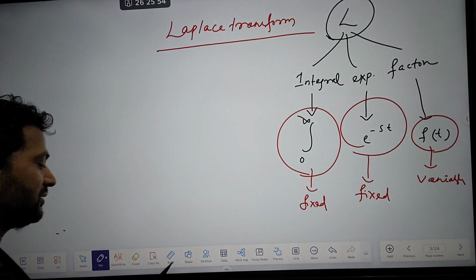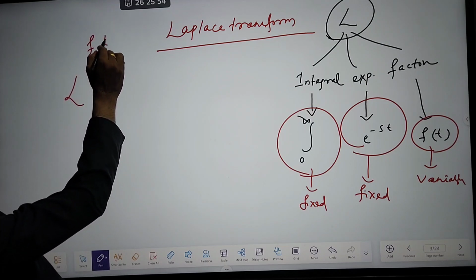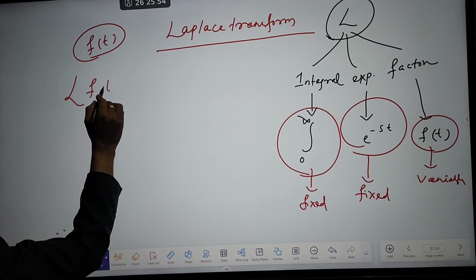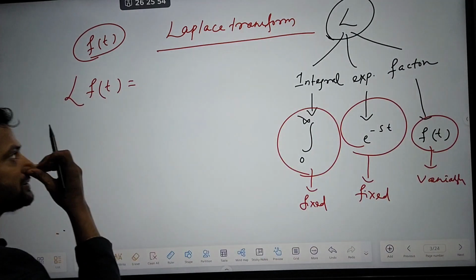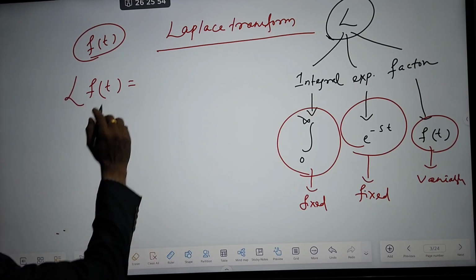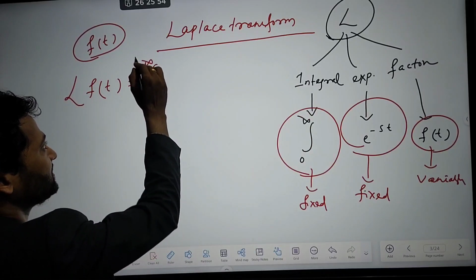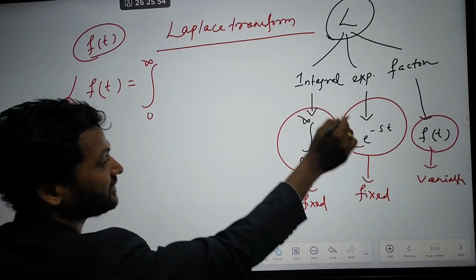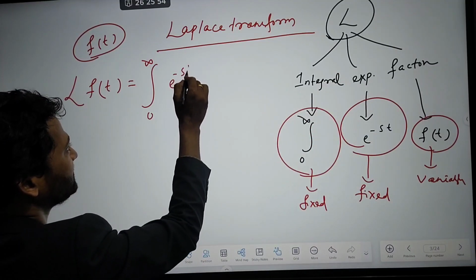So overall what we conclude, what I mean to say: Laplace of, let you have a function f of t. F of t is the function. So if I take Laplace of f of t, I can write in this format, the standard format to write Laplace transform of a function. First term is integration 0 to infinity, which is fixed, this will not change. Second, what is it? You have to write the exponential part, which is e to the power minus of st, that is also fixed.